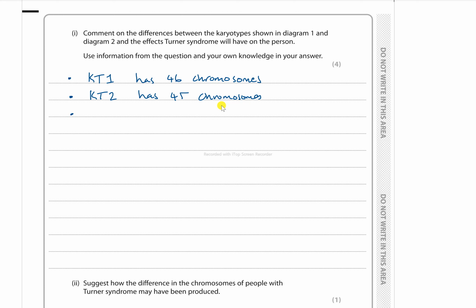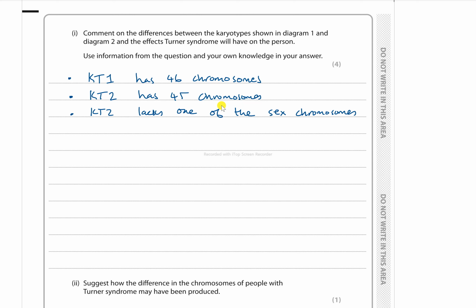And it seems karyotype 2 lacks one of the sex chromosomes. And that's just looking at the last pair.